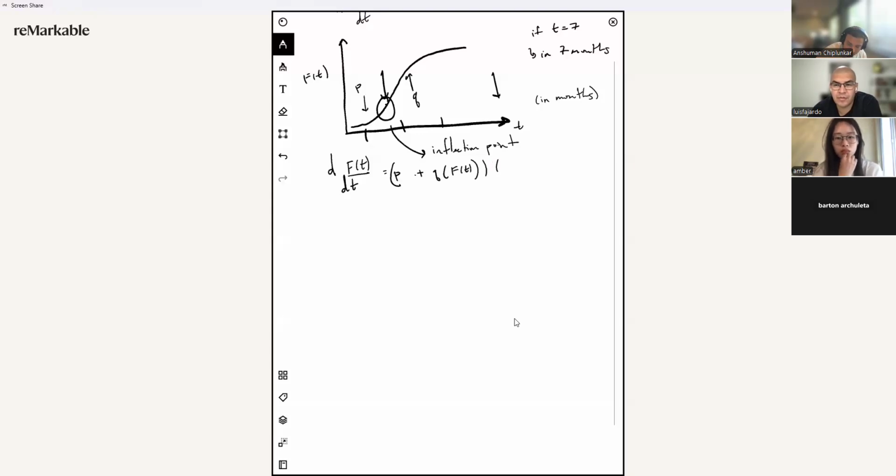And then this is going to be all multiplied by 1 minus your full market potential. And I'm going to make this part right here really easy to understand. So if f of t is all of the people we want to capture in our market, by proportion, it is the proportion of people that we want to capture in our market. If you had to guess, what is 1 minus f of t?